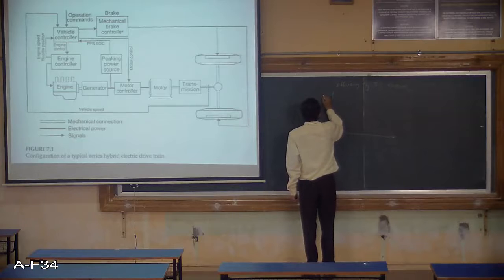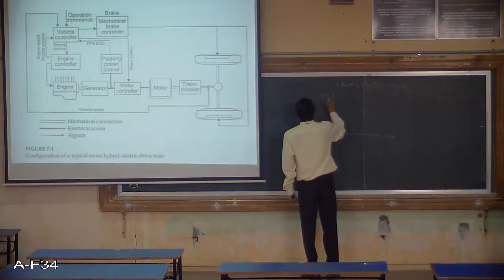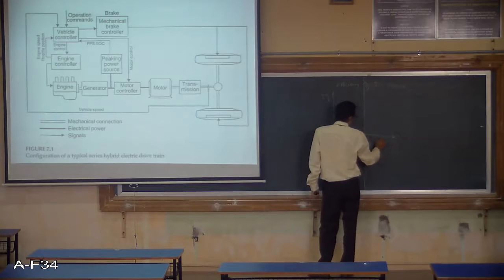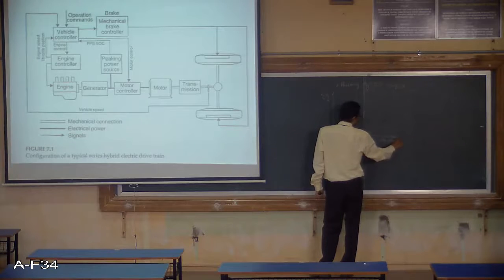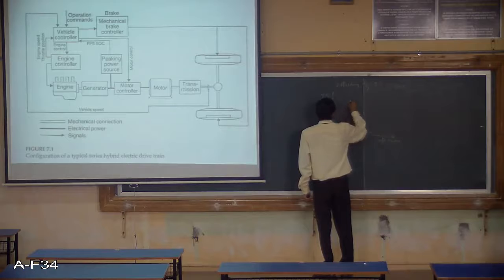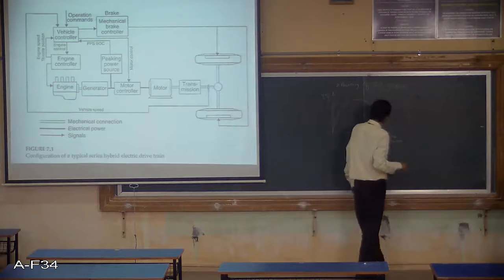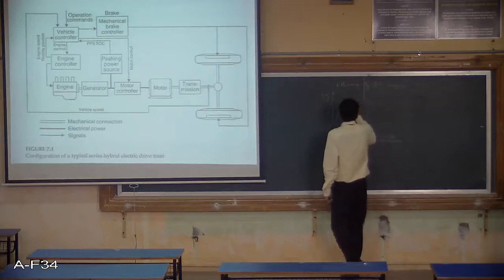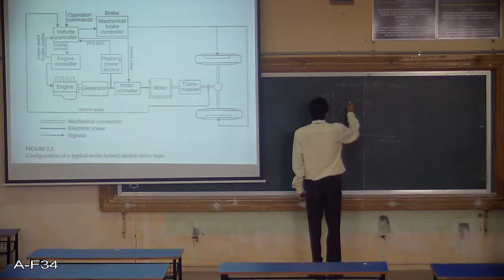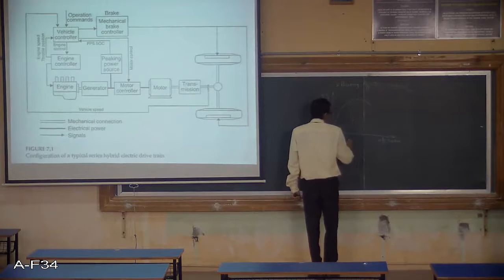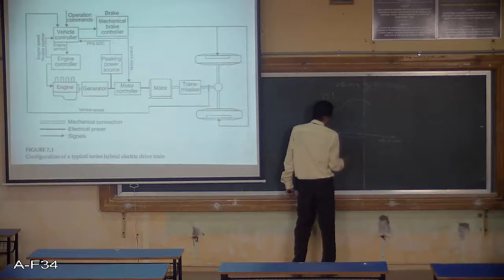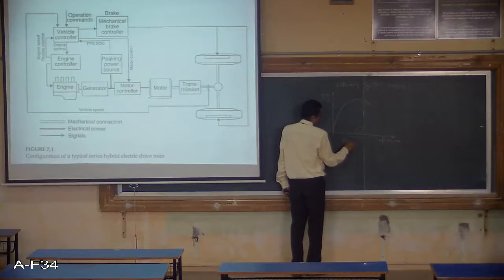If you see percent efficiency and output power, you have this kind of curve. This region is the maximum efficiency region.